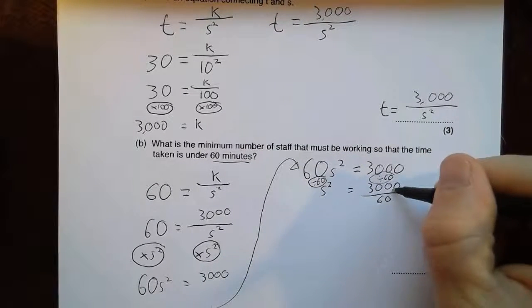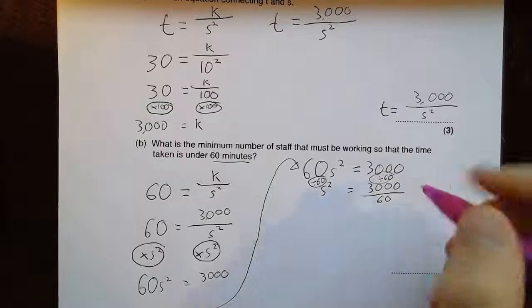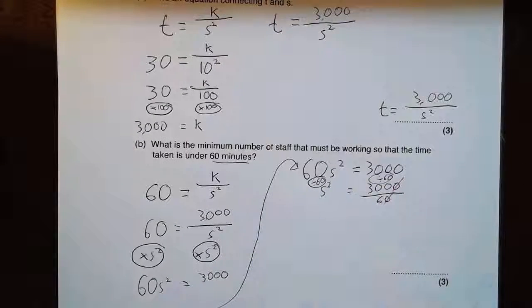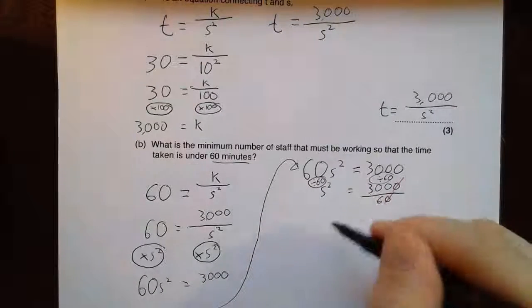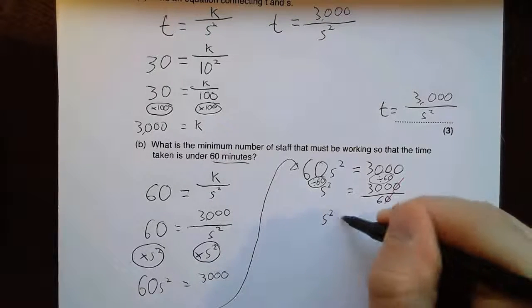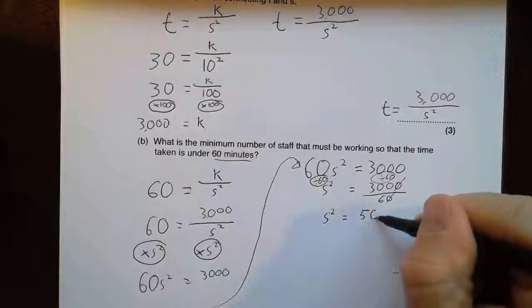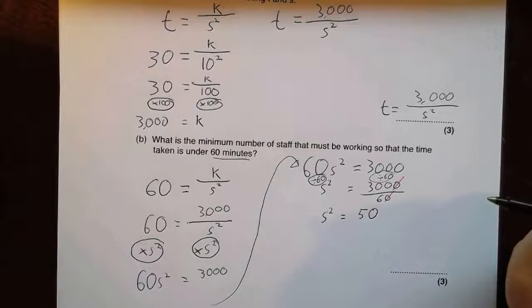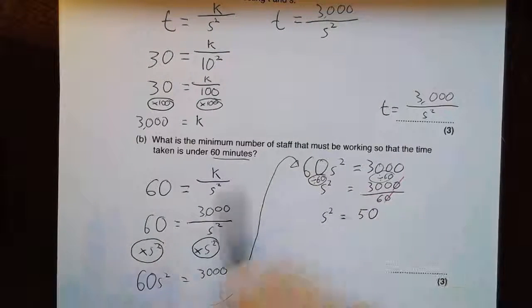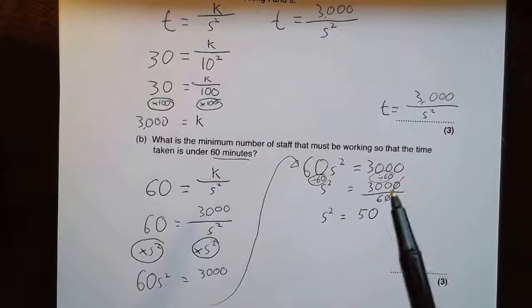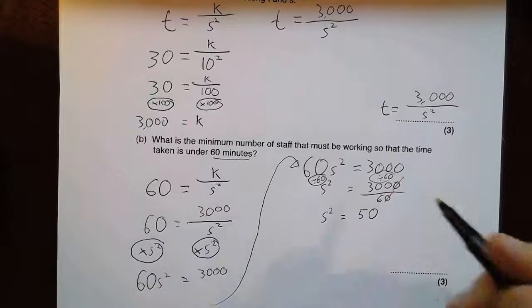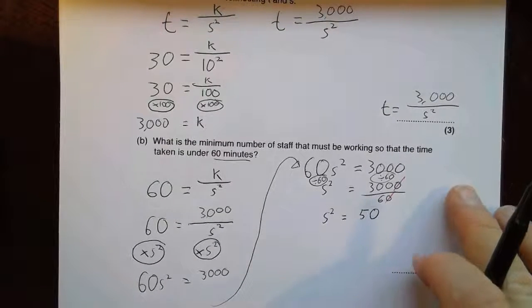Okay, so let's see what that would come to. 300 divided by 6. So S squared equals 300 divided by 6, which is 50. So this is a calculator question, but I think it could also be a non-calculator question, so I'll carry on without a calculator.